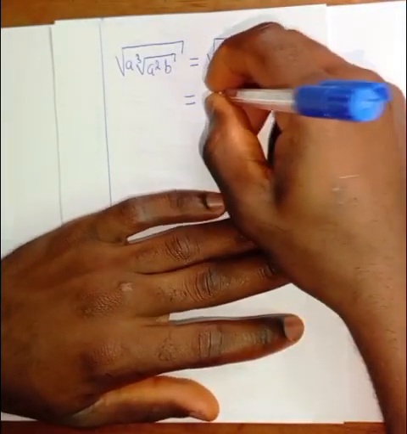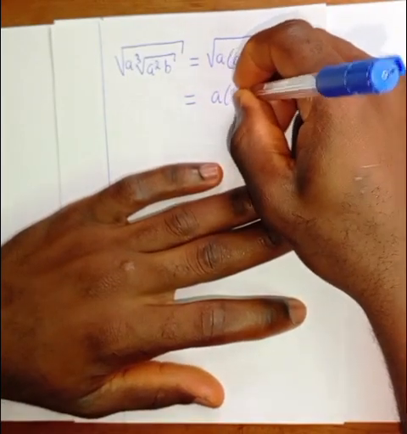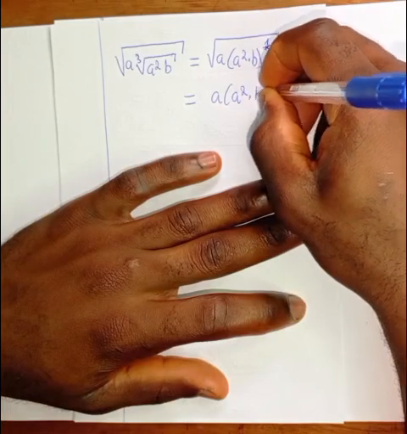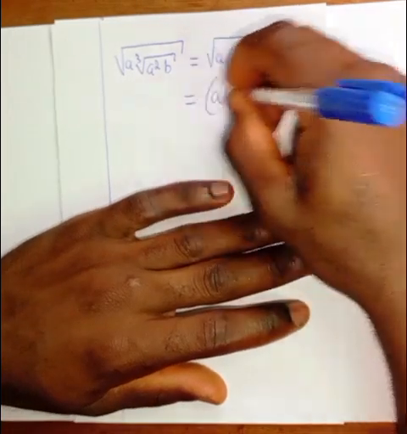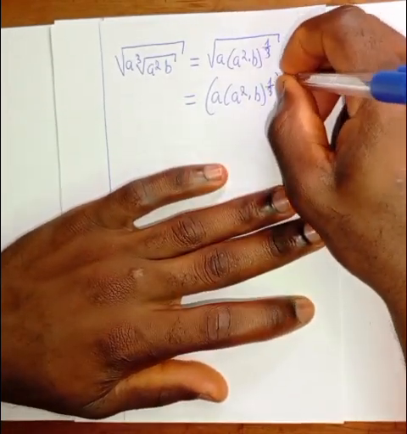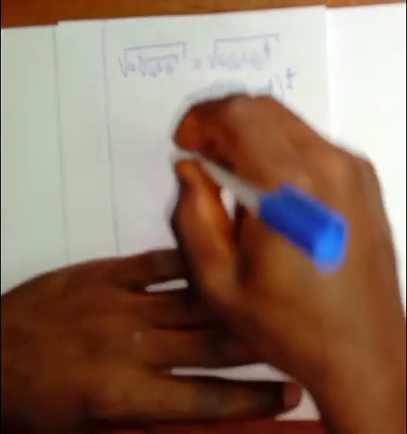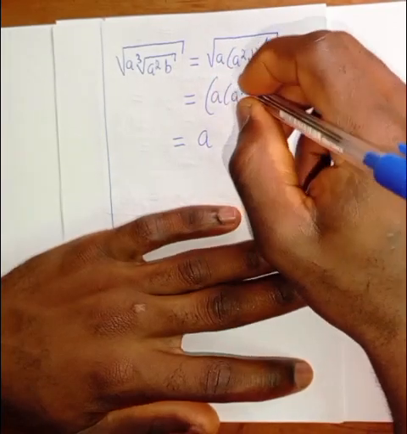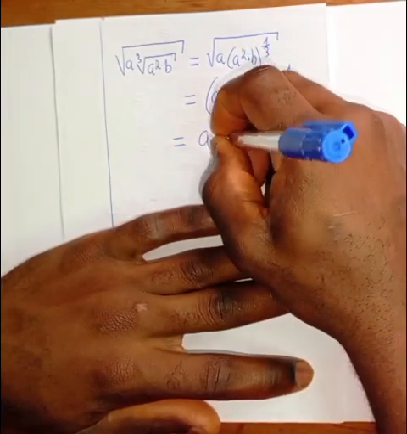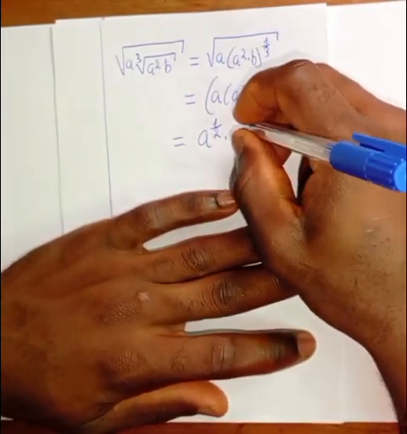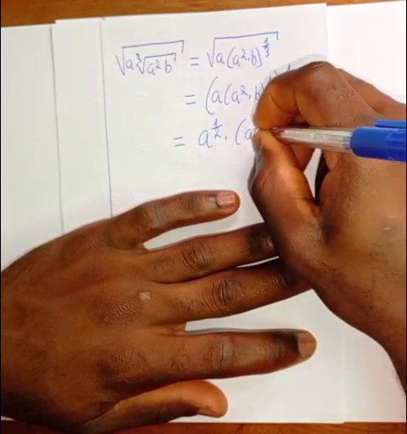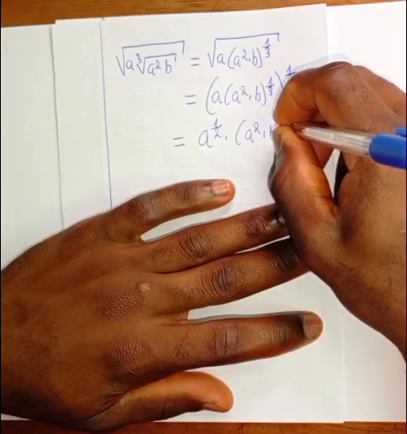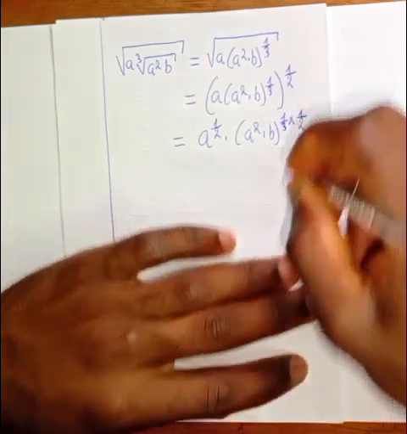This will be equal to a times a squared times b, all this raised to the power 1/3. We are going to raise all this to the power a half, and this will simply be equal to a raised to the power a half times a squared times b, all this raised to the power 1/3 times a half.